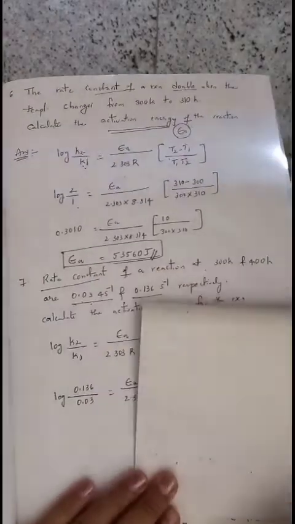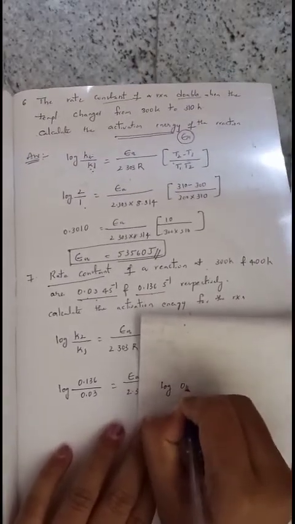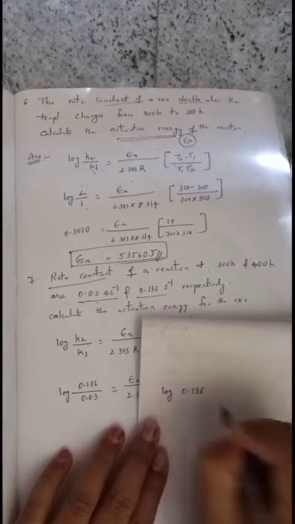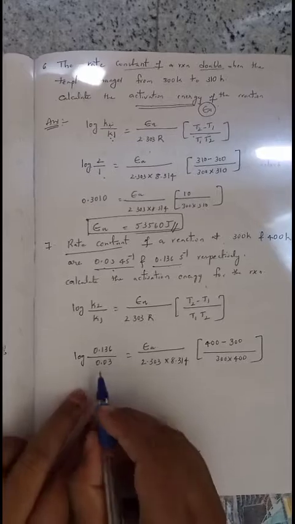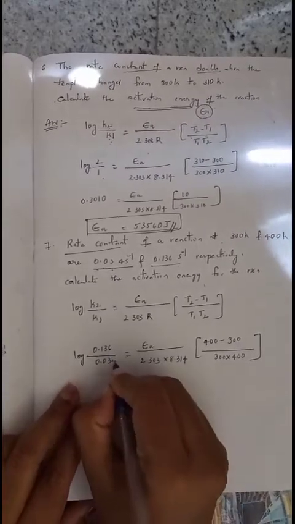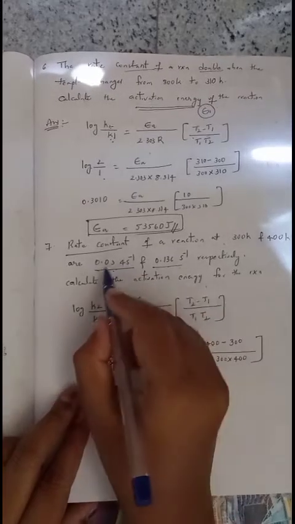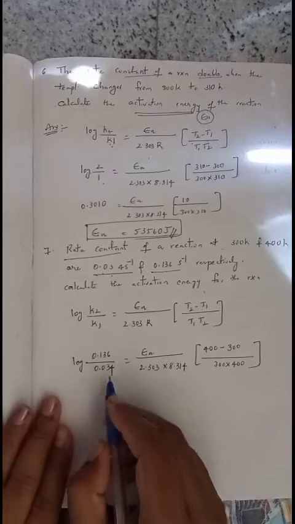Here I am writing. First we want to divide these two values, 0.136 divided by 0.034.